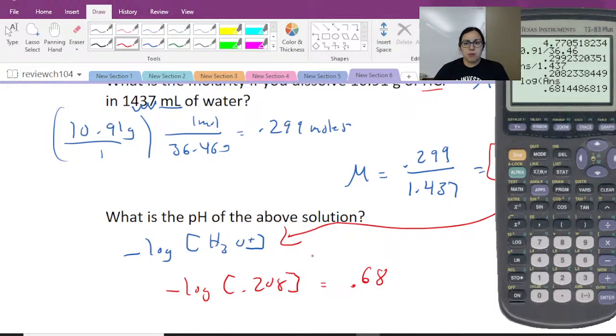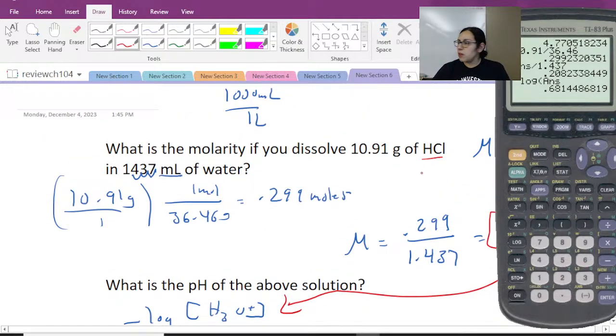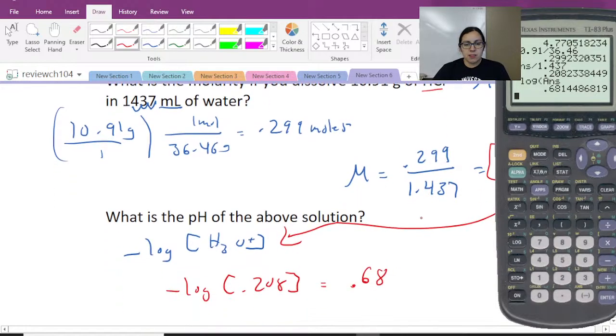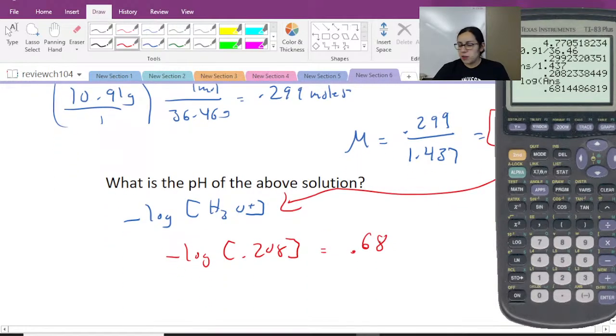And that makes sense, right? Because it should be acidic. And sounds like we made a fairly acidic solution there. So low pH. Any questions on this one?